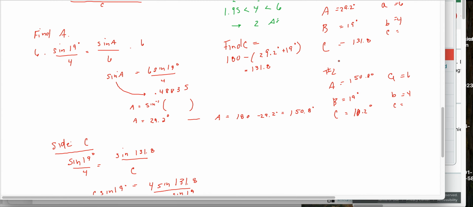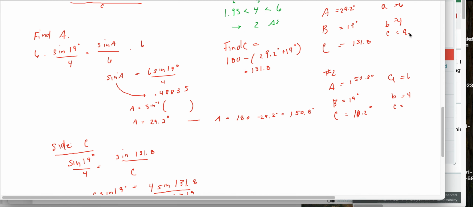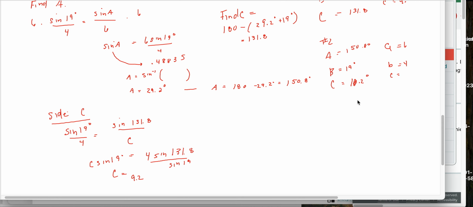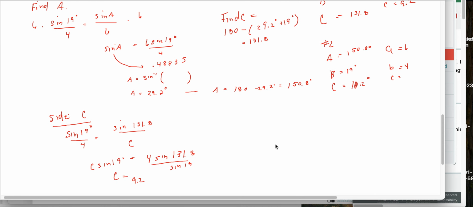So we found that. I'll fill that in up here. And then doing the same thing with the other angle C, we would say sine 19 over 4 is equal to sine 10.2 over C. And again, cross multiply, and we end up with a C value of 2.2.